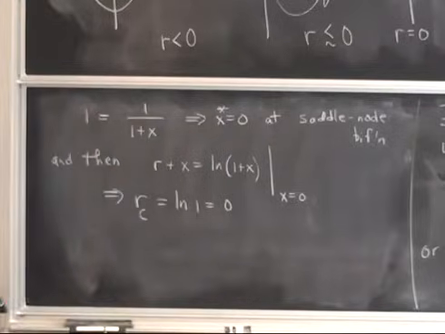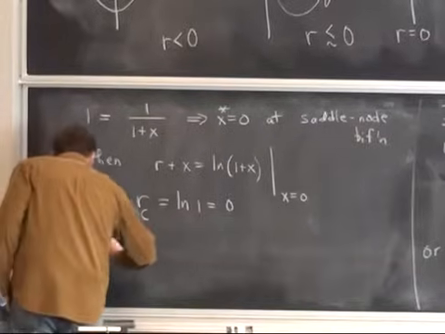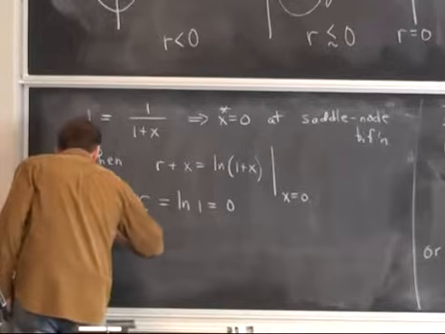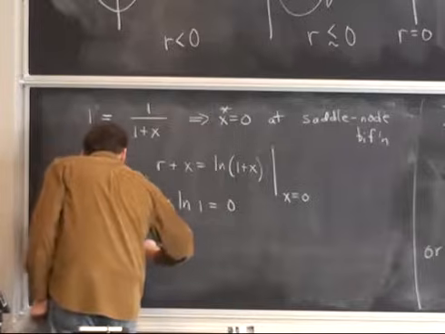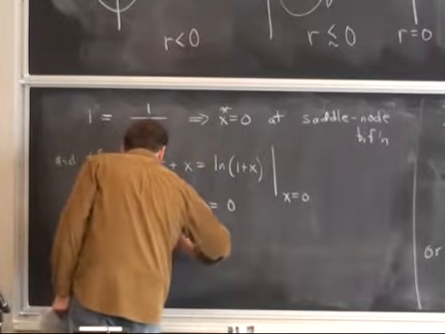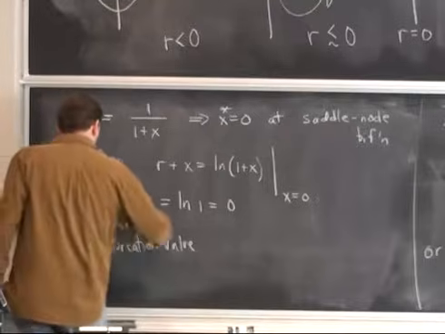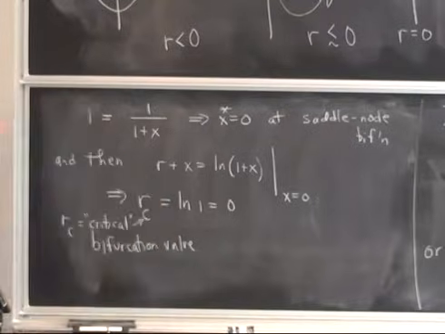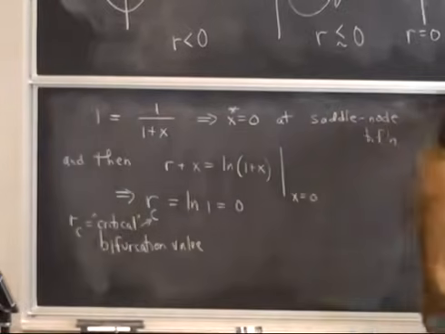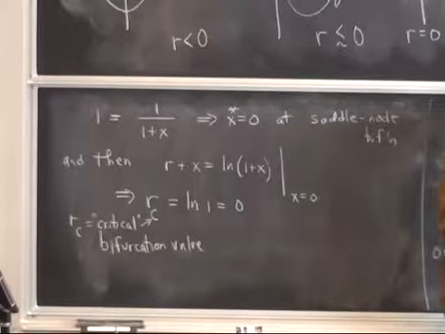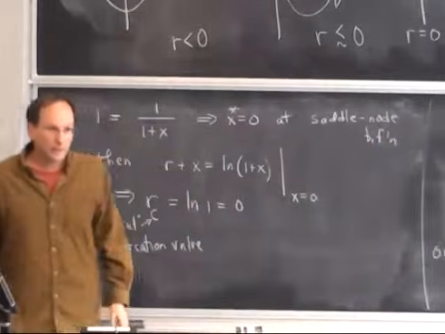That's the critical or bifurcation value. And notice my picture was actually pretty good. It looks like it's occurring at r equals 0, x equals 0, that we have a tangent intersection, and I tried to draw it reasonably correctly.